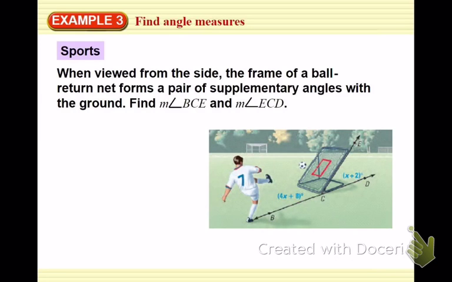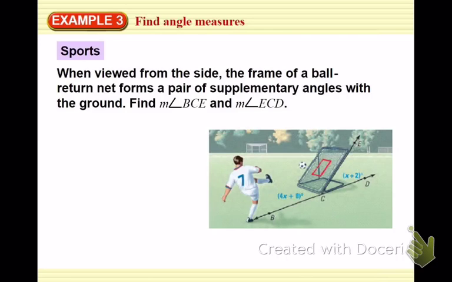All right. A quick sort of real-life example here. Any of you soccer players or even basketball players, there's what's called a ball return net. If you kick the ball or throw the ball into that net, it'll bounce back to you or bounce to where you want it to go.